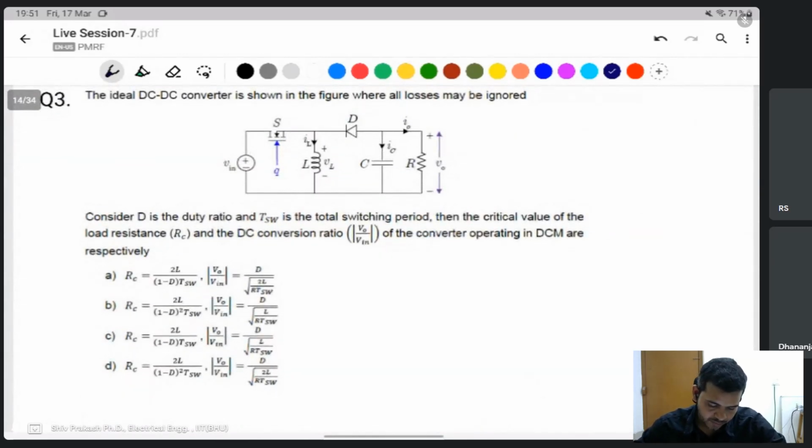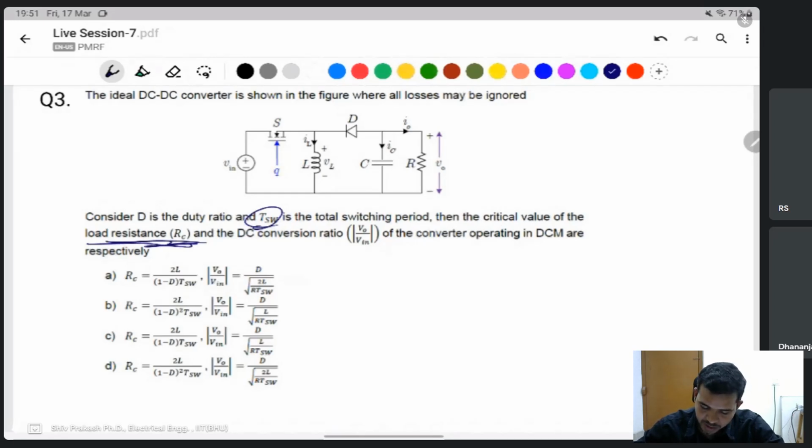Next question: take the ideal DC-DC converter shown in the figure, where all losses may be ignored. It means all of the components are ideal. Consider d as the duty ratio and T as the switching time period. Then the critical value of the load resistance is RC.